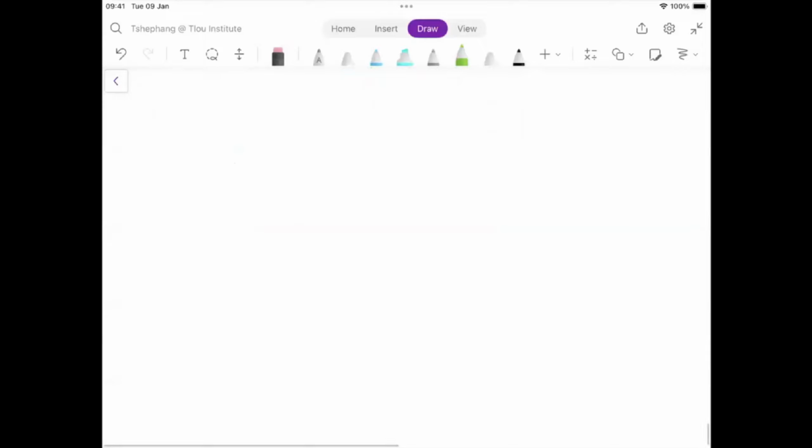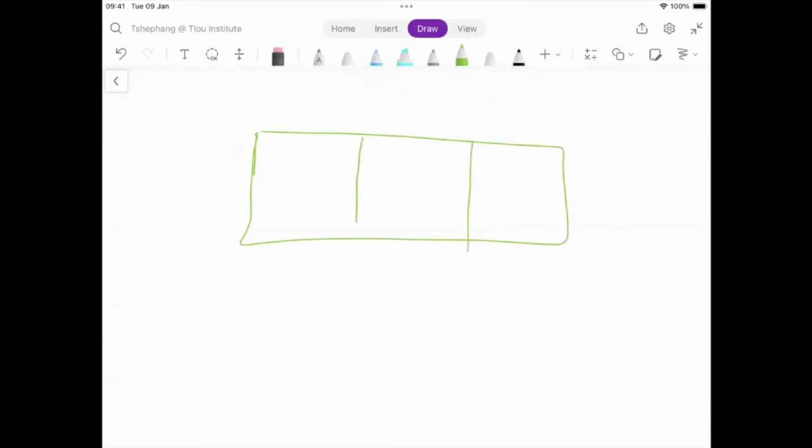Now contingency tables. A contingency table would look like a table, definitely. Let me just try to replicate one real quick. Something like this.